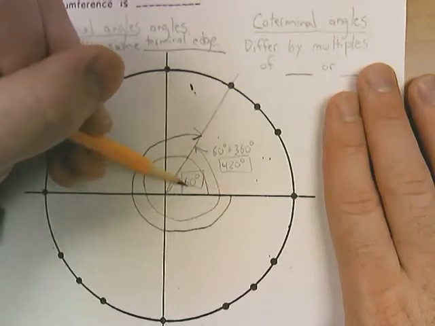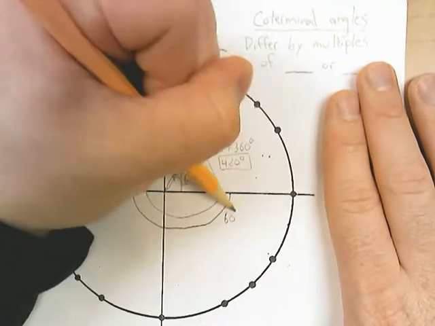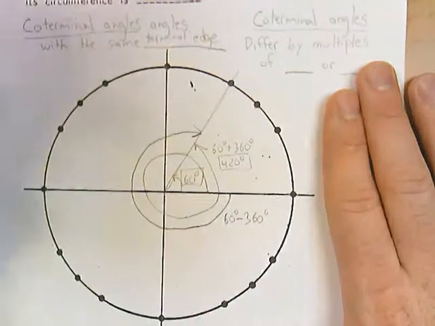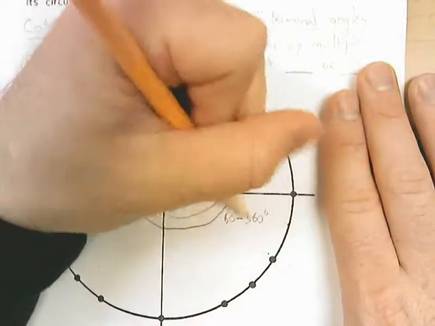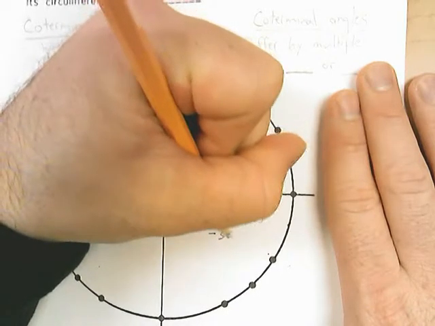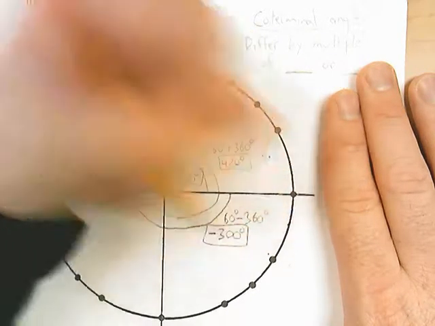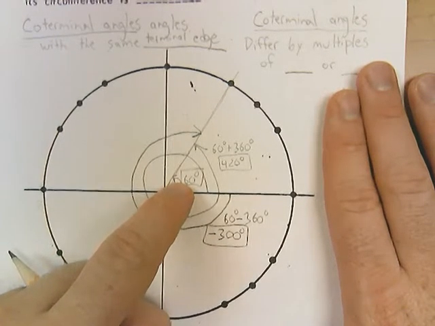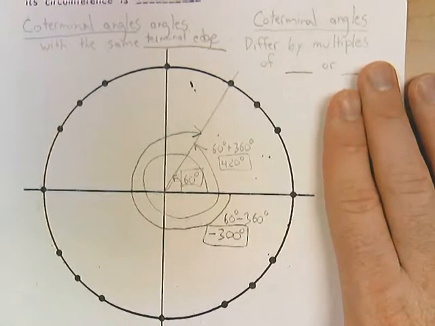That would give me an angle which was 60 degrees minus 360, and we could collect those together and say negative 300 degrees. So a negative 300-degree angle is also coterminal to 60 degrees. It is also coterminal to 420 degrees.